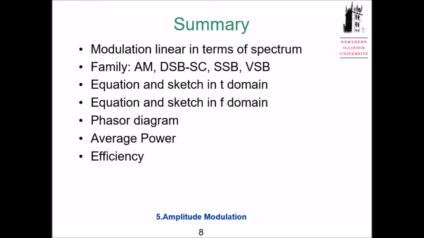Equation and sketch in the time domain for the first two, I believe all of you can do it. And we are going to have practice, so don't worry about that. Phasor diagram, average power, efficiency: I'm going to have a summary later, as we did for chapters 2, 3, and 4.